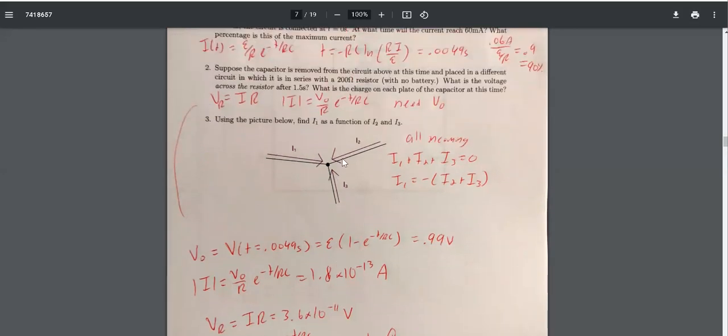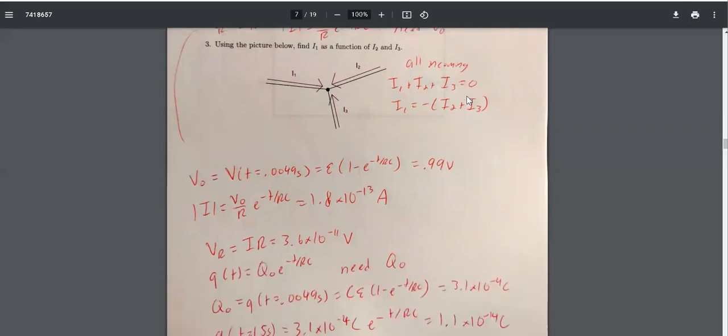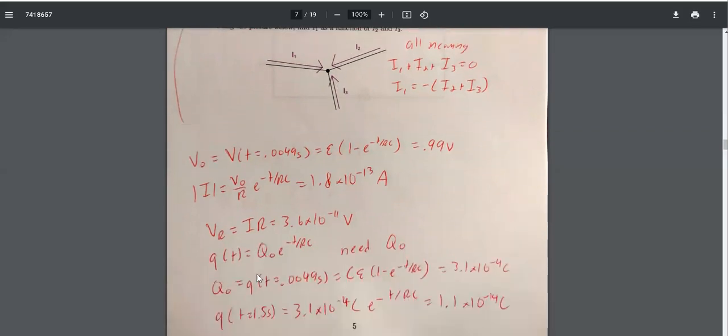Now it also asks us what is the charge on each plate. Well, for a discharging capacitor, the charge has this form. It's however much it was initially charged times this exponential. So once again, we have to find how charged it was initially.